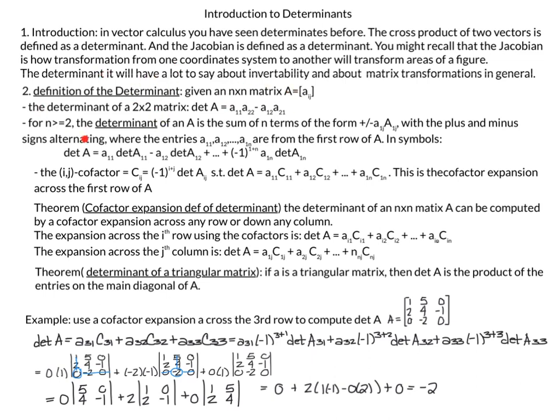We talked about how for n greater than 2 we had this recurrence formula where we expanded on the first row, positive or negative a sub 1j times the matrix A sub 1j. Then we also learned about cofactors and expanding along any row or any column. And we talked about the determinant of a triangular matrix, which is just the product of the entries on the main diagonal.